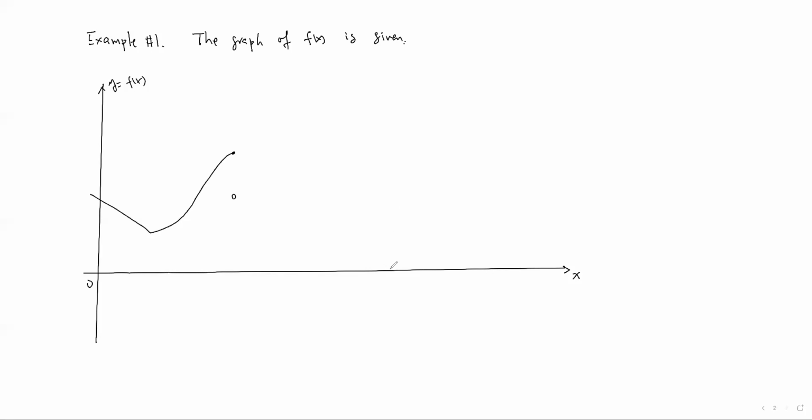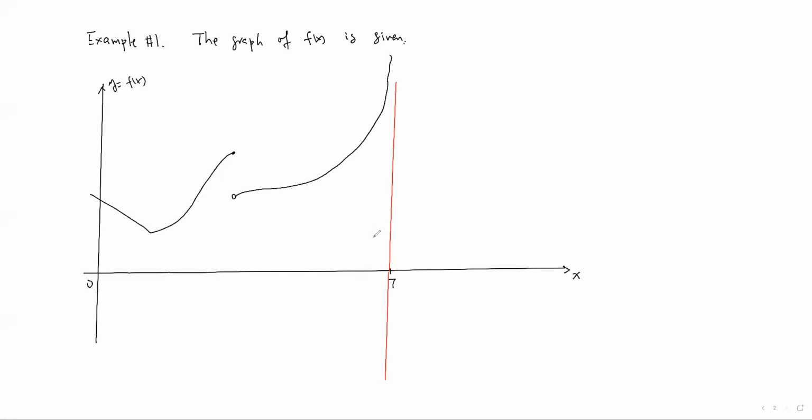Let me see. There is a 7 here. There is a vertical asymptote. Let me draw a vertical line. Yeah, the vertical red line is the vertical asymptote.